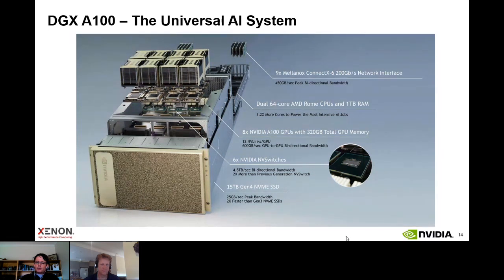In addition to that, we have 15 terabytes of Gen 4 NVMe SSDs, which provide very fast local storage. And every GPU has essentially its own Mellanox ConnectX-6 200 gigabit per second network interface. So we have 8 of them, where each of them is tied to one GPU, and we have an additional adapter which can be used for external data transfers, for connection to storage, for management, and other purposes.